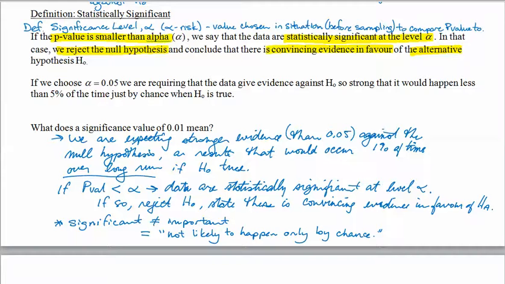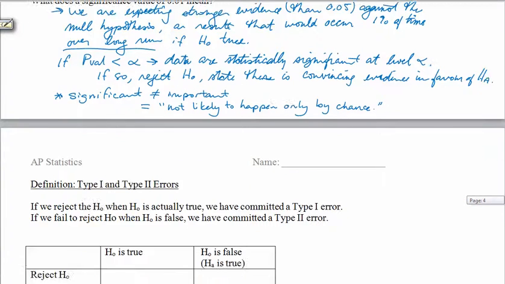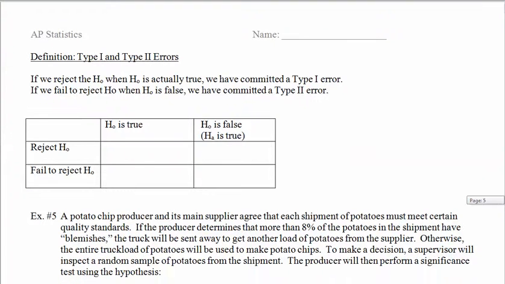Okay, we're now going to look at type 1 and 2 errors. So we have a few cases, as you can see in the box. We could have the case where H0 is true, and then we will either reject or fail to reject it.